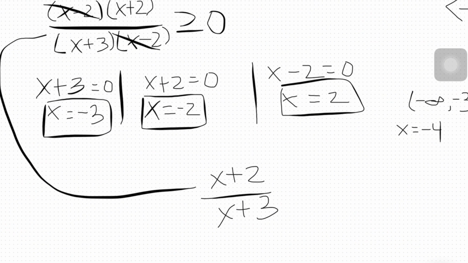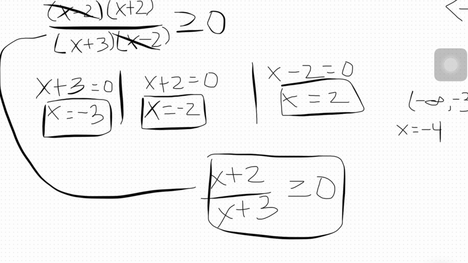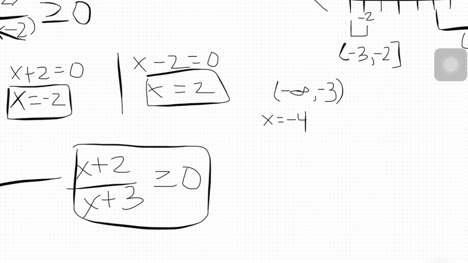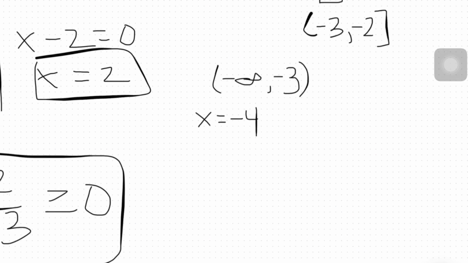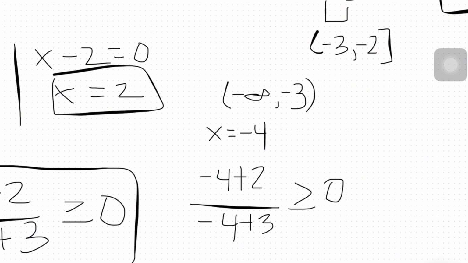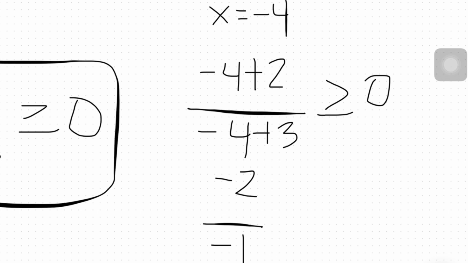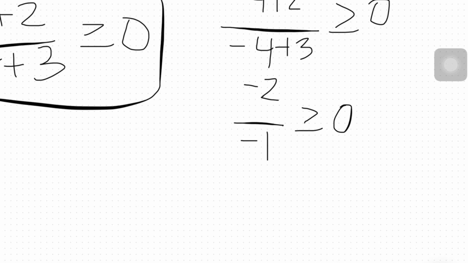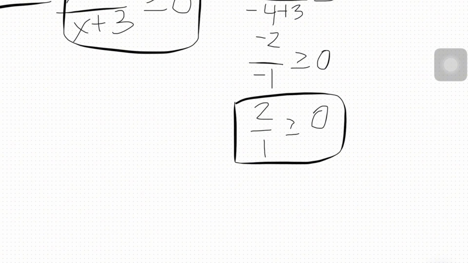This is the equation where you will substitute x equals negative 4. Negative 4 plus 2 over negative 4 plus 3. That's equal to negative 2 over negative 1. Negative over negative becomes positive. So the answer is positive or true.